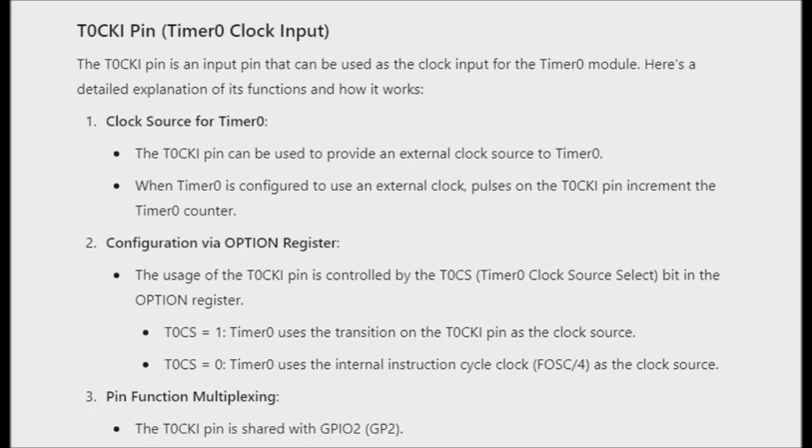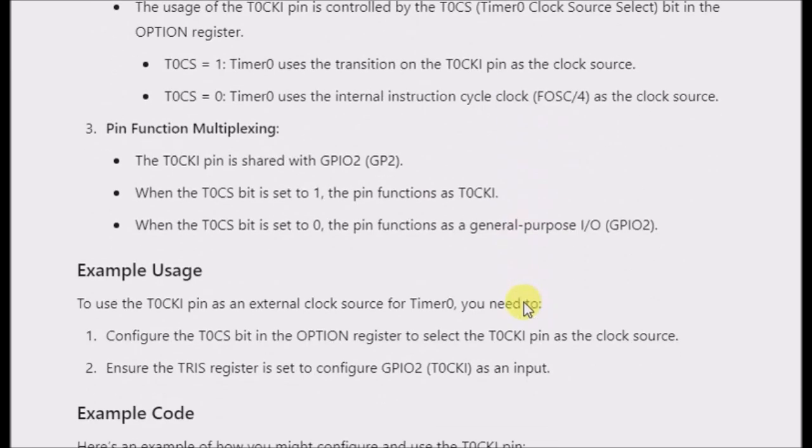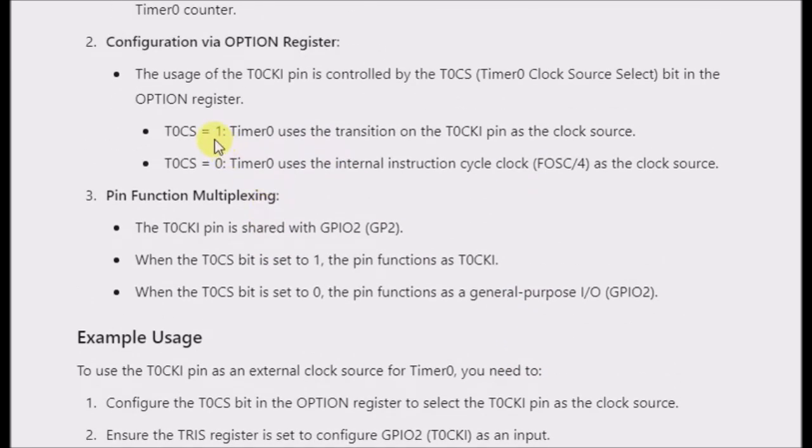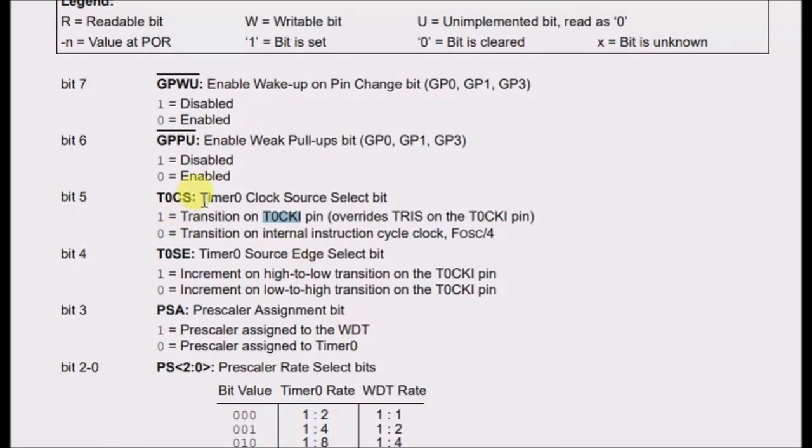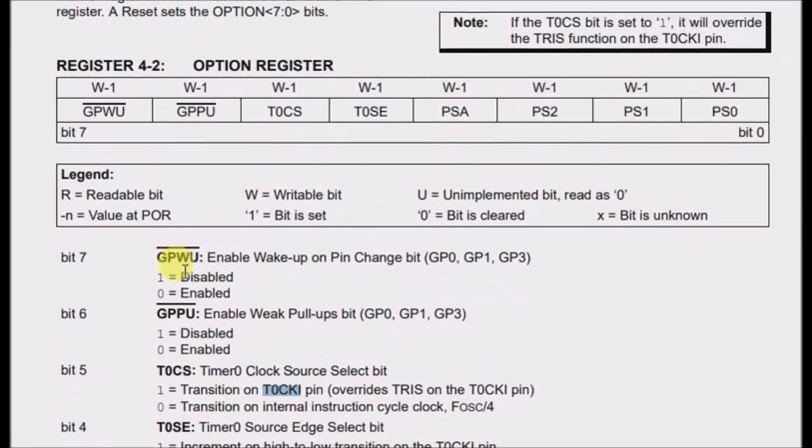Configuration via option register. The usage of the TOCKI pin is controlled by the TOCS timer 0 clock source select bit in the option register. Once again, we're in the option register.